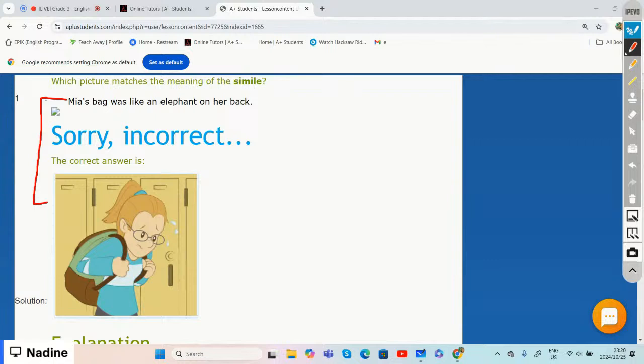What do you think that means? If we say Mia's bag was like an elephant on her back, what does that mean?